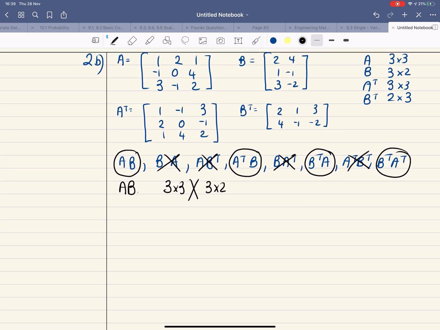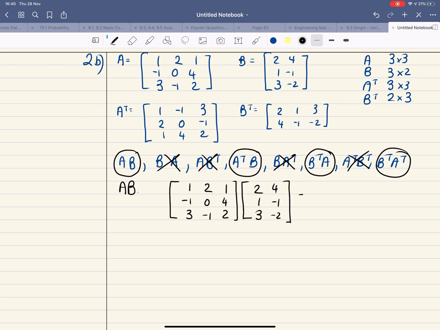So I don't need to write these out, it just saves a bit of writing. AB is 1, 2, 1, minus 1, 0, 4, 3, minus 1, 2, and that's got to be multiplied by 2, 4, 1, minus 1, 3, minus 2.